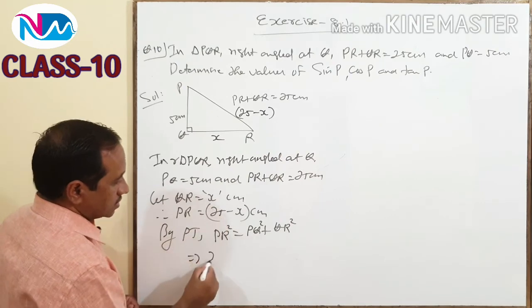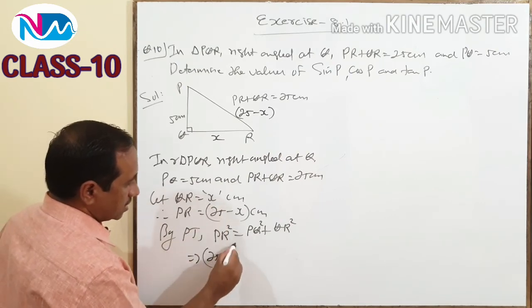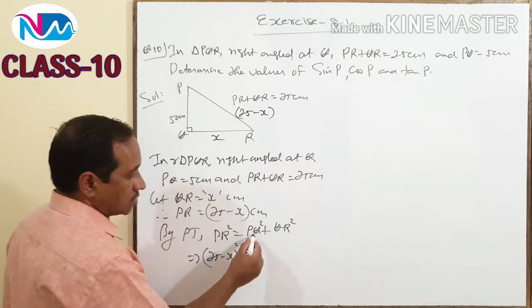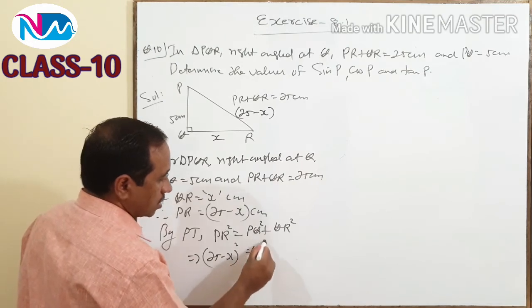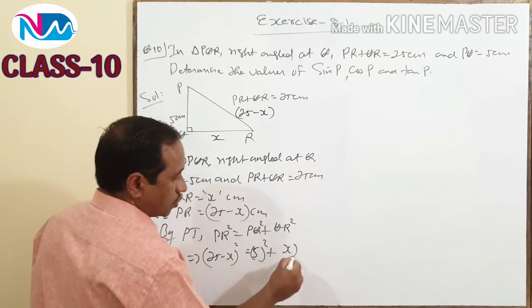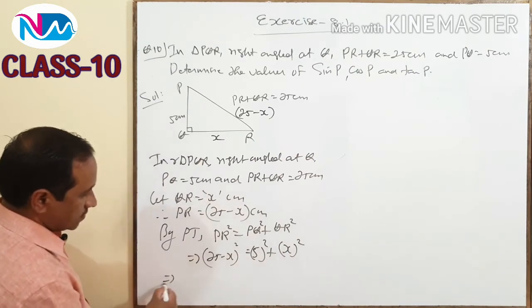Here PR is 25 minus X the whole square is equal to PQ square, 5 square, plus QR square, X square.